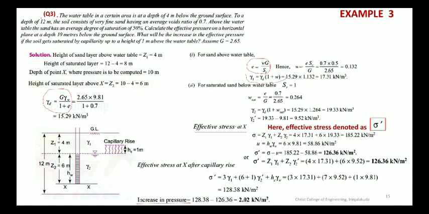So that you will get as 19.33 kilonewton per meter cube. So the two layers are different in terms of water content or the percentage of saturation, that is different. So the unit weight will be different for the two layers. So we found first layer is having gamma as 17.31 and the second layer is having gamma as 19.33.